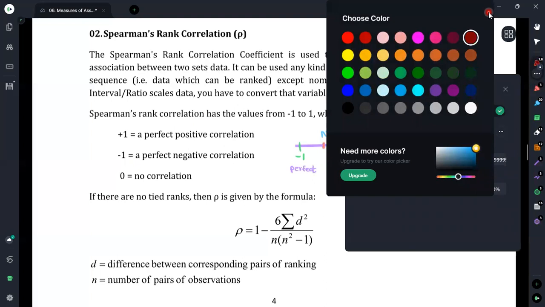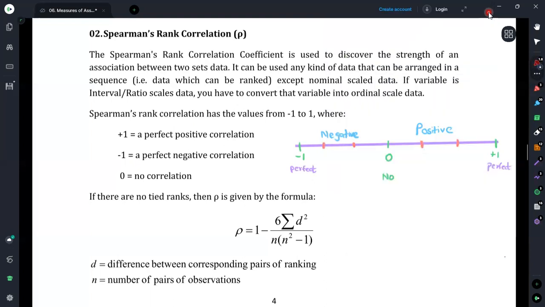Suppose you have the values in this way: here we can say it is 0.3, and here 0.6. In this way it is -0.3, and here it is -0.6.